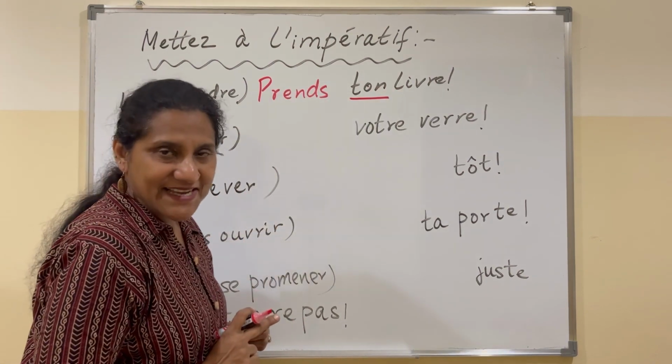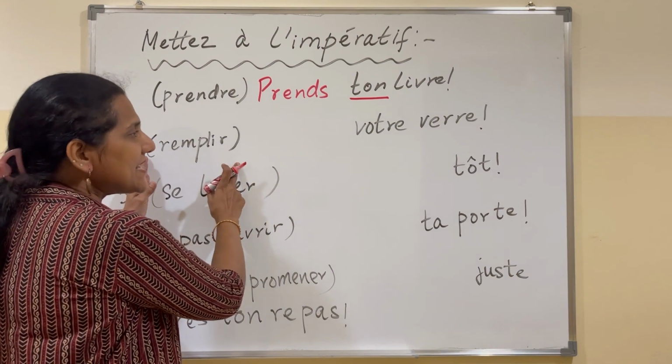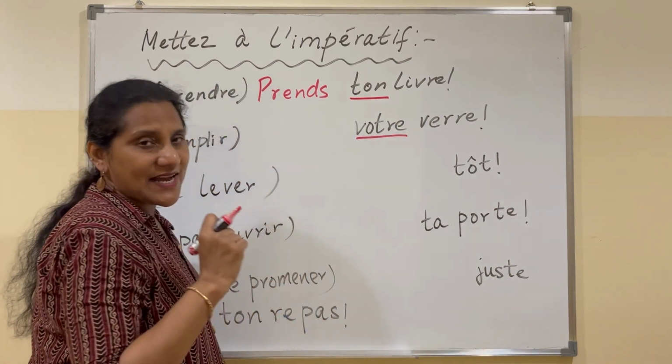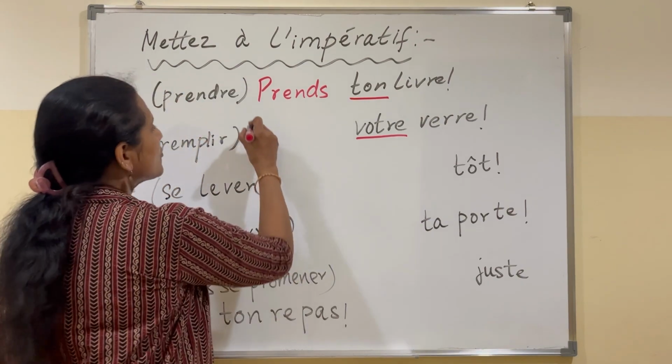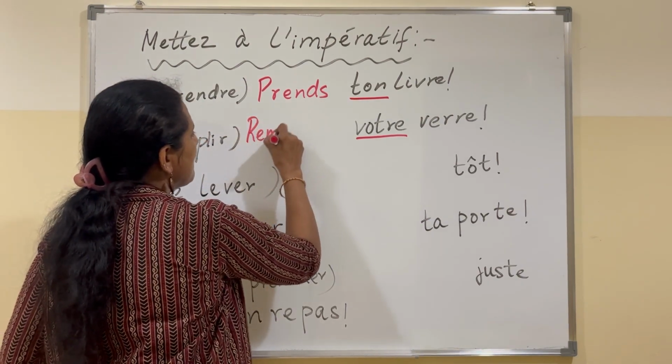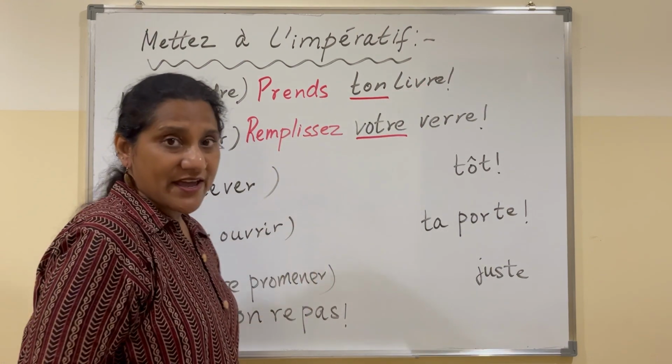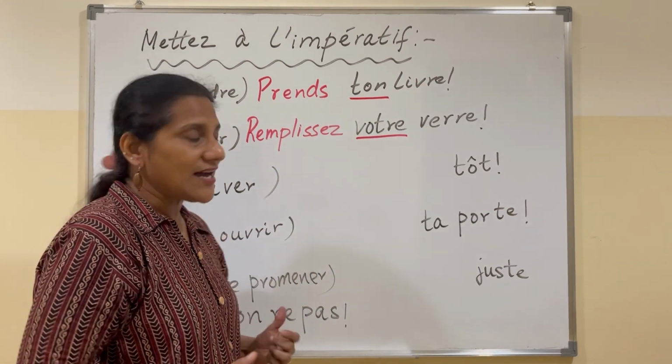Take your textbook. Remplir votre verre. Now here I've got votre, which indicates it has to be the vous form. So remplissez votre verre. Fill up your glass.